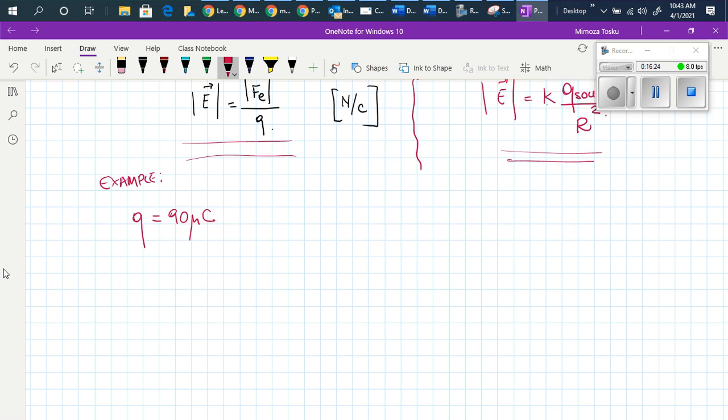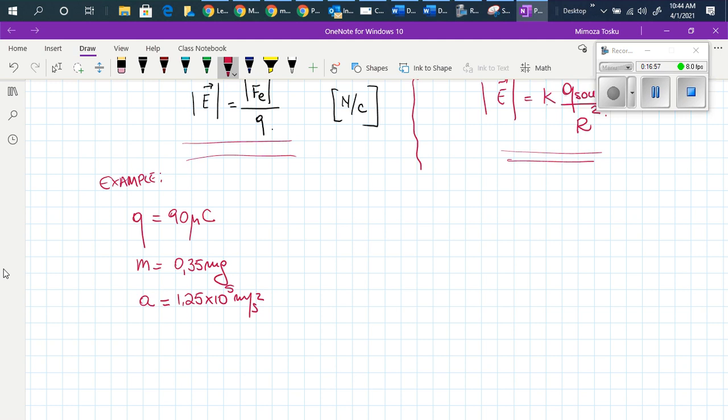The mass of the charge is 0.35 milligrams, and it is experiencing an acceleration as a result of the presence of the electric field, an acceleration of 1.25 times 10 to the power of 5 meters per second squared. What is the electric field strength at this point?